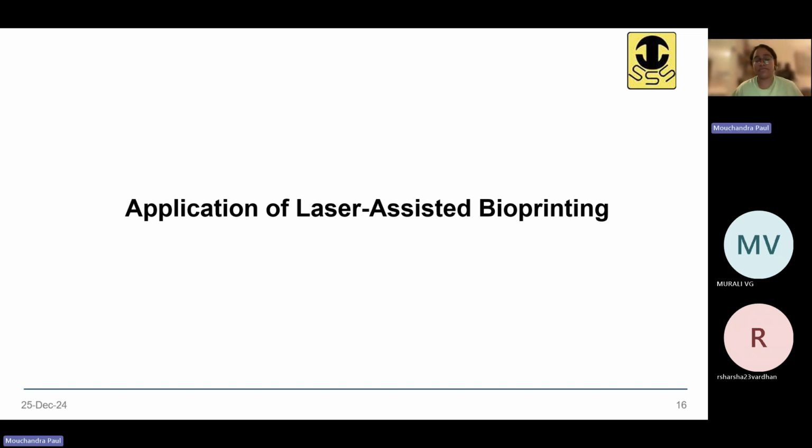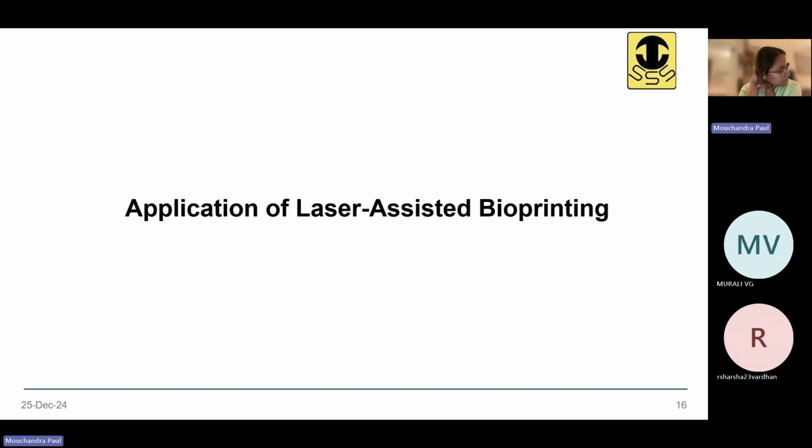I myself haven't got the opportunity to work with this kind of system, but when I was reading and preparing the notes for you guys, I felt that it is a very fascinating technique, and the level of precision that this technique can give you is much higher than the extrusion one or the inkjet one, because here you're relying on the lasers, and basically the laser is going to determine the droplet size.